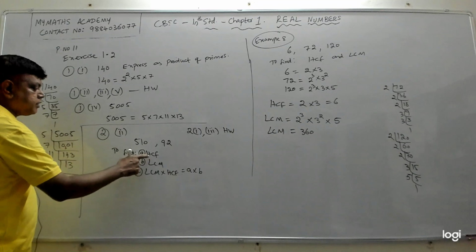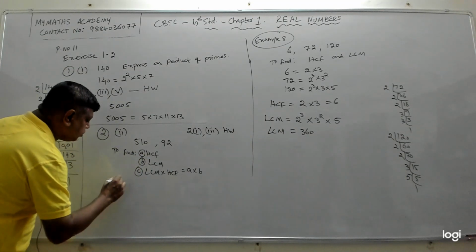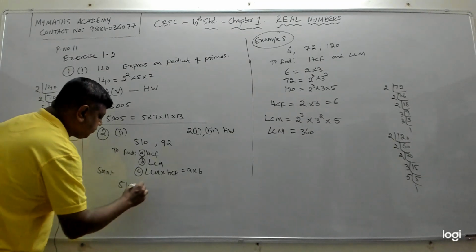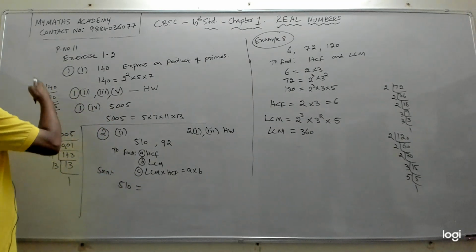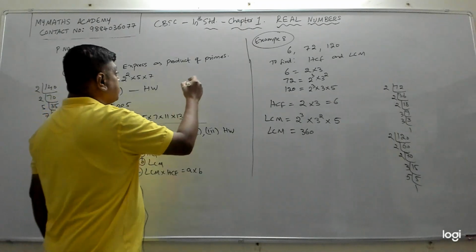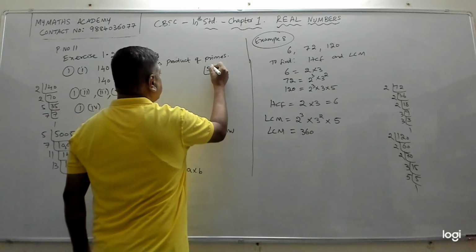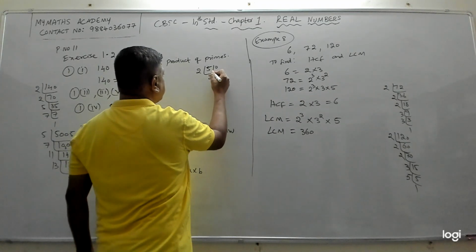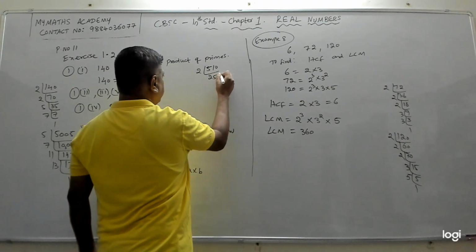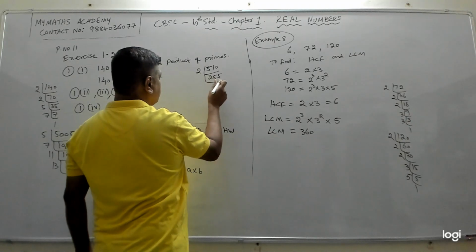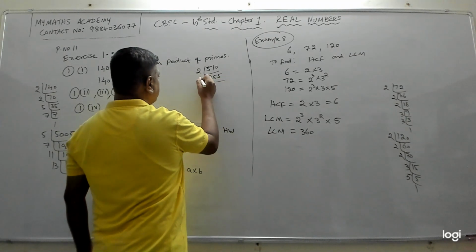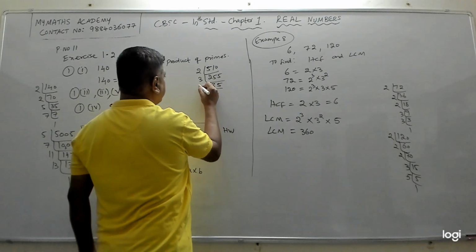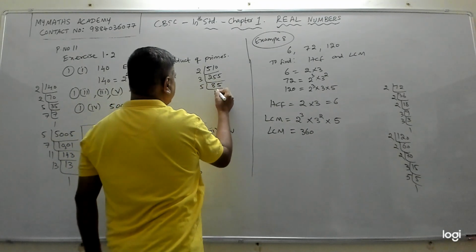So first let's find the HCF. To find the HCF, we have to express 510 as a product of primes. I will do the rough work here. 510 goes in 2, giving 255. Does it go in 2 again? No. It goes in 3, 85. Then it goes in 5, giving 17.